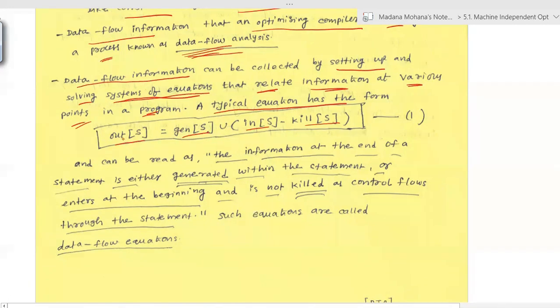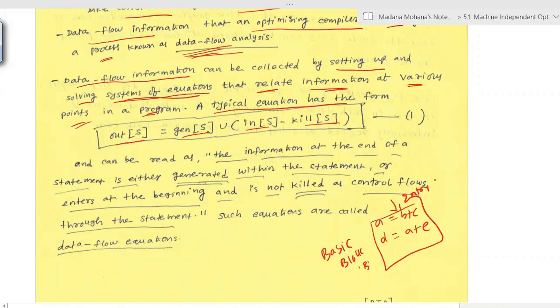In our given flow graph, for every basic block, let us assume A equal to B plus C, then D equal to A plus E. Let us assume this is one basic block, say B. For every block there is an entry value and an exit value. We call the entry value in of that block, and the exit of that block is denoted with out of that block B. So out means the exit of that particular block, and in of S means the entry of that block.